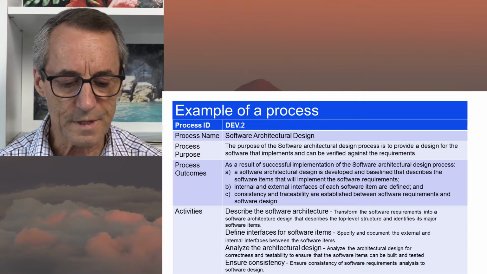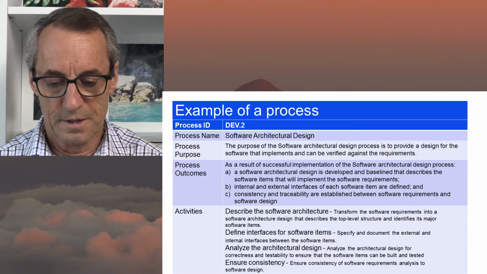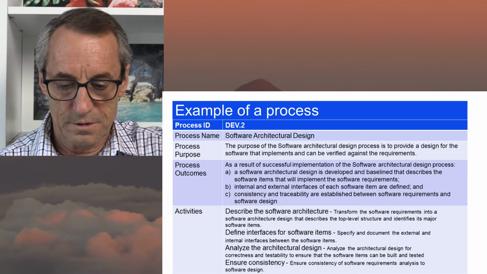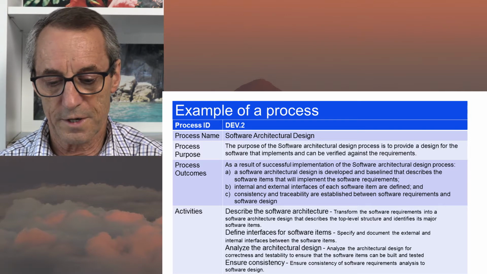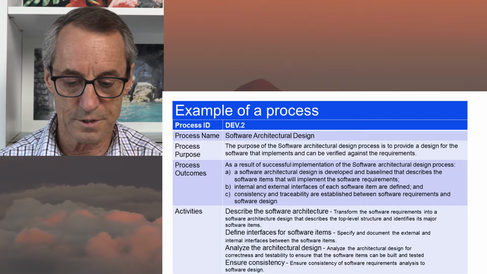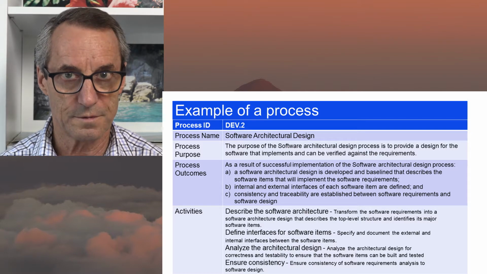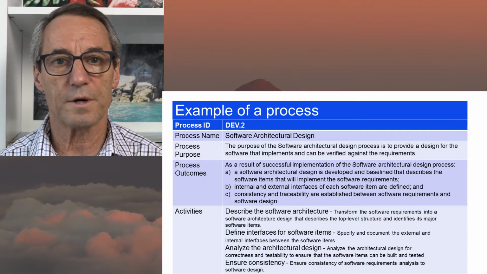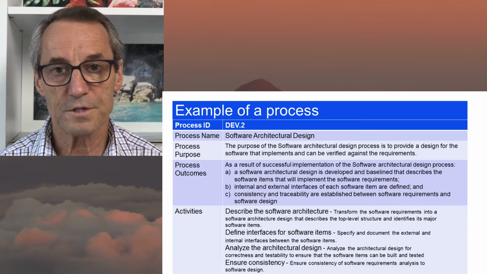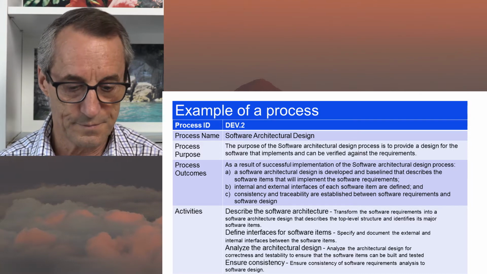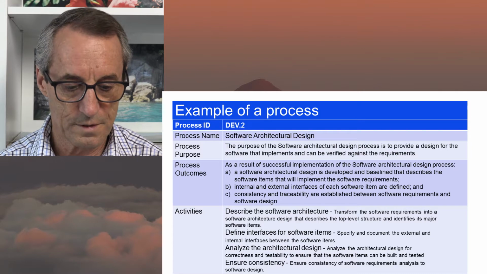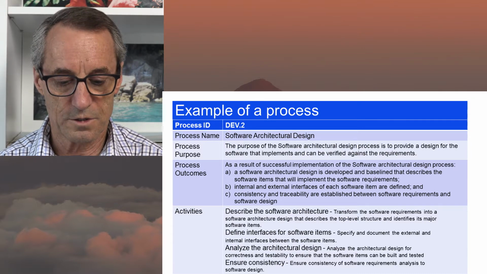Now, the activities: describe the software architecture, transform the architecture requirements into a software architecture design that describes the top-level structures and identifies the major software items. Okay, so that is a high-level architecture design. Define the interfaces for the software items. Okay. You can do that in different ways. Analyze the architectural design.